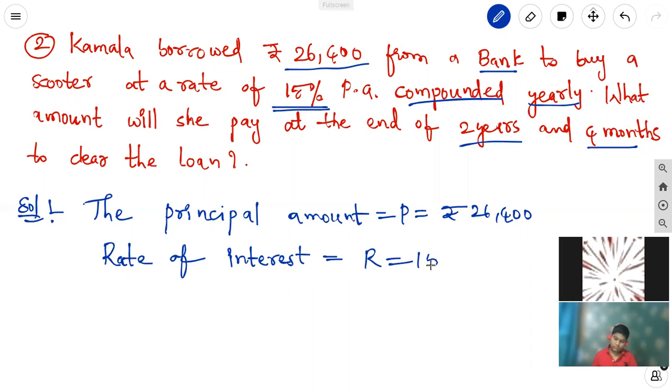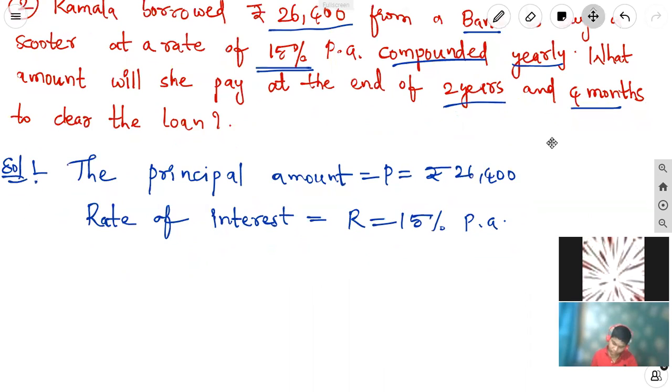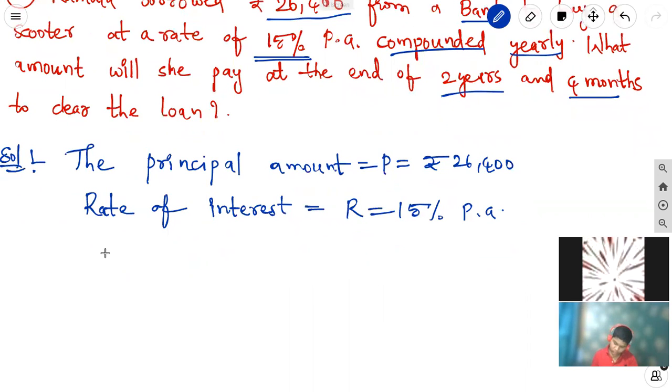R is equal to 15% per annum, compounded yearly. And the time period is equal to 2 years 4 months.